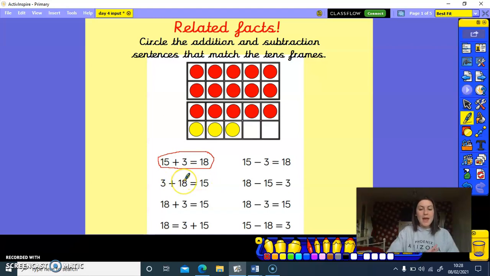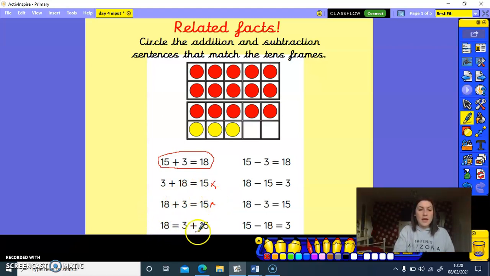So if I put 18 in my head, 18, 19, 20, 21. So is that one right? So we won't include that one. Okay, this one here, 18 add 3 equals 15. What do we think? No, that'll give us the same answer, won't it? You can't have an addition sentence with a bigger number in it than your answer.